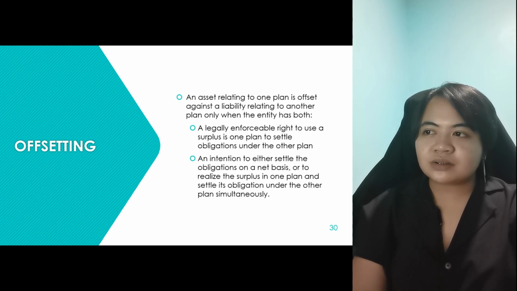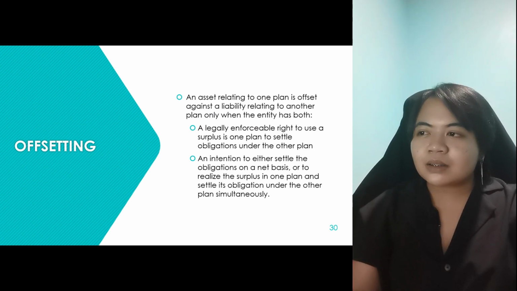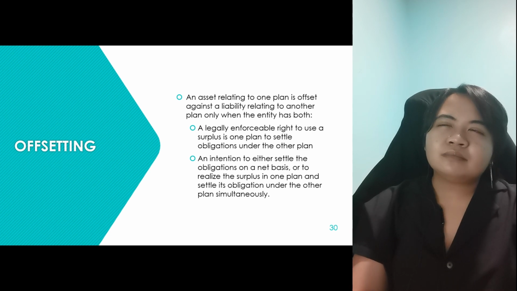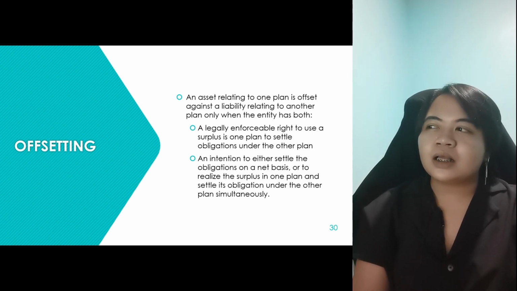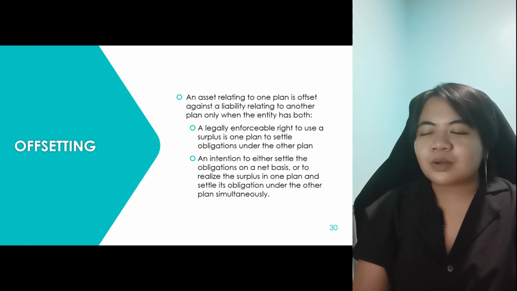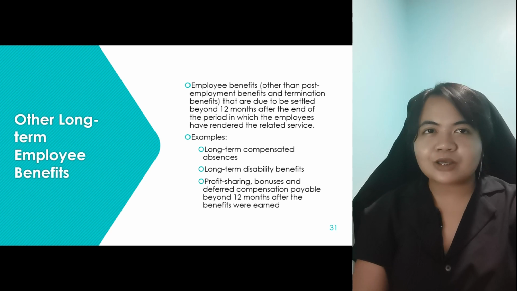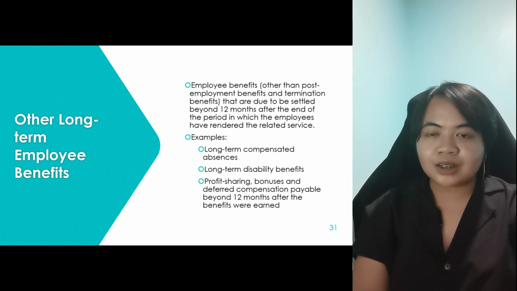And second, an intention either to settle the obligations on a net basis, or to realize the surplus in one plan and settle the obligation under the other plan simultaneously. You settle at the same time, where you gained in one and fell short in the other. So you just offset them. This happens when the employer has multiple plans.